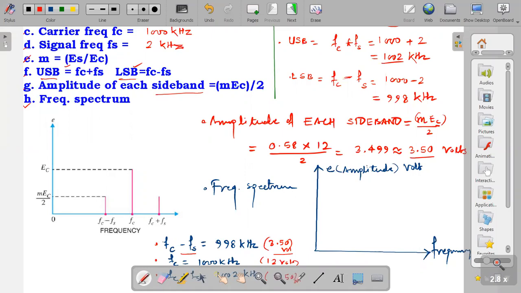Now see how to draw that. This is your origin. First, I will draw 3 lines.